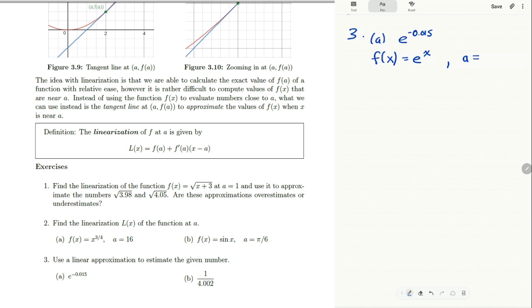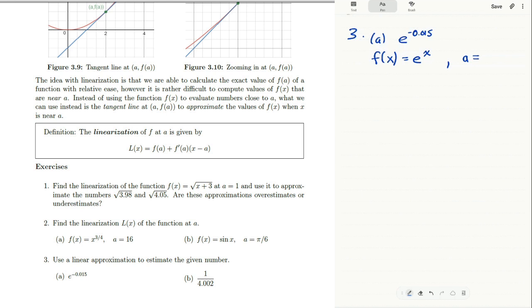When we're determining the value of a, we want to pick a value such that we can find the exact value of the function at this point. And this value has to be very close to what we're trying to approximate. So in this case, the value of a should be very close to negative 0.015.